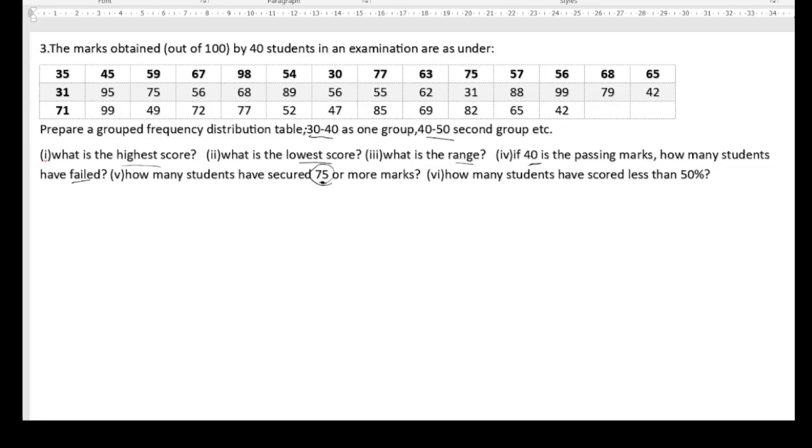Okay, so let us start. We will start by arranging the marks in ascending order. So let us start the solution. First we will arrange the marks in ascending order.